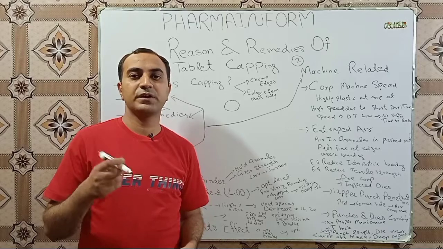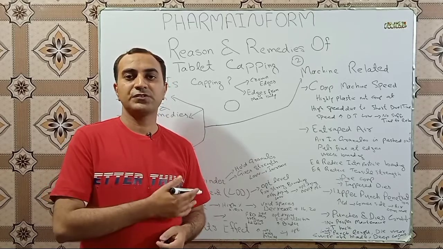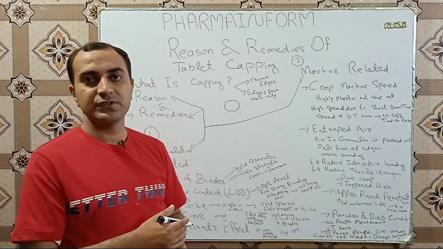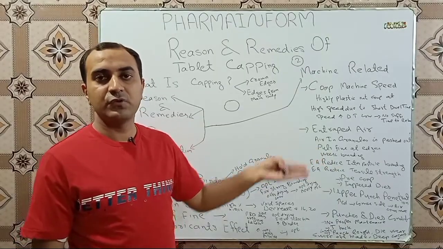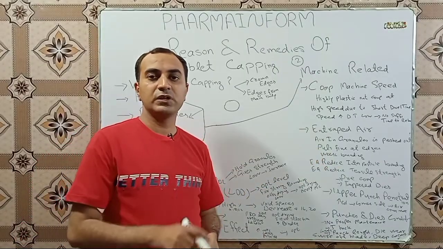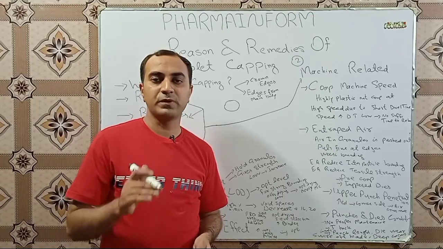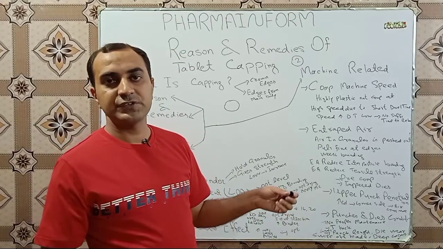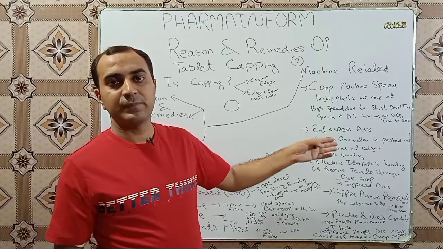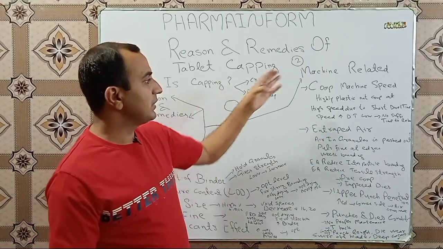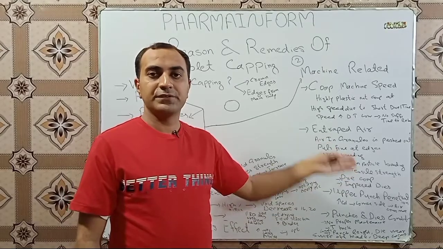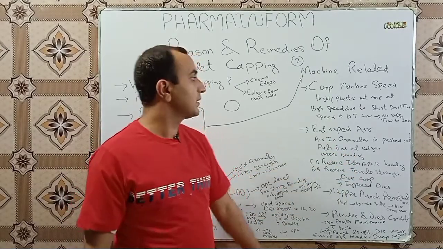One important point is that if we have a stable and good formulation but our machine adjustments are not okay, we are not using good tooling, we are not using optimum speed, punch penetration, we may also face tablet capping. So apart from having a good formulation, we will also have to adjust our machine accordingly.